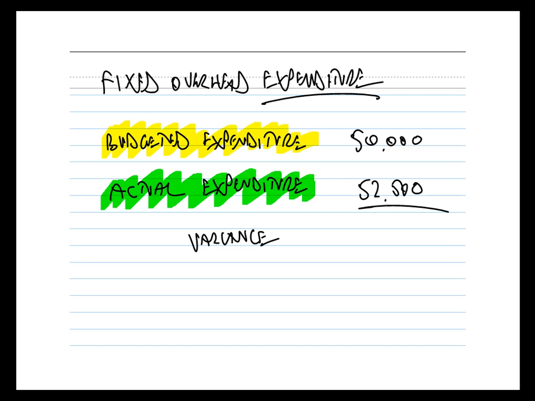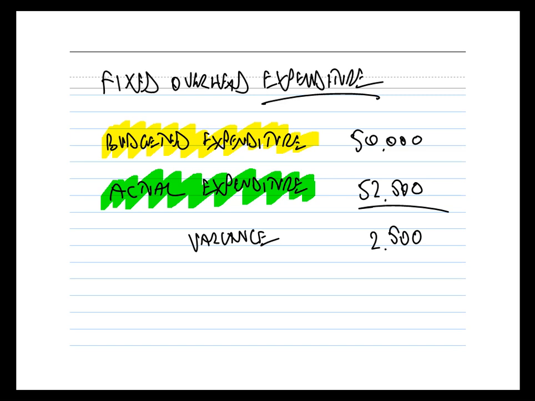The variance, or the difference, is in this case simply 2,500. Now, whenever you calculate a variance, it's very important you think about two things. Firstly, is the variance a good thing or a bad thing? Is it going to help improve profit or is it going to reduce profit? Now, in this case, we've actually spent more than we expected.